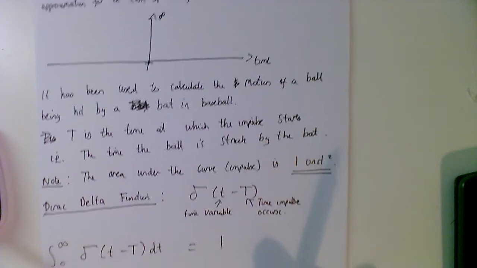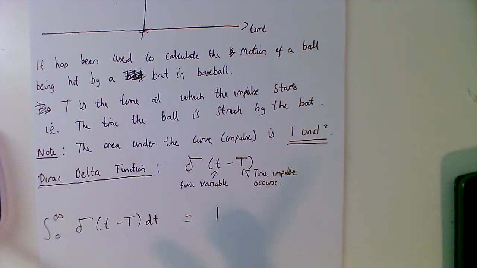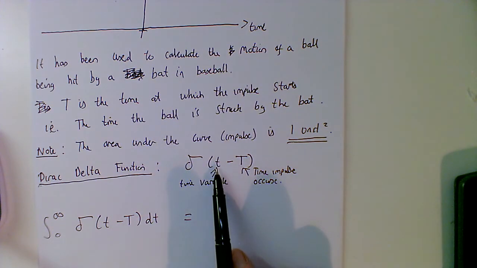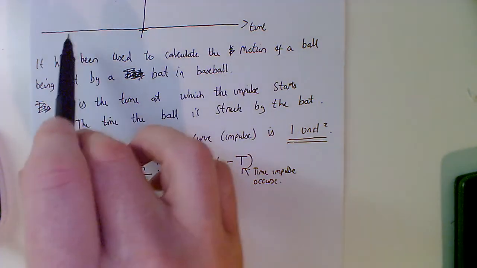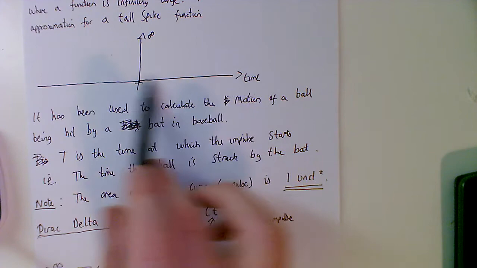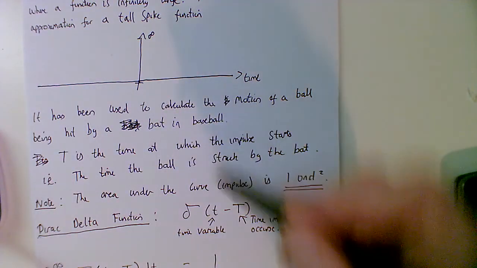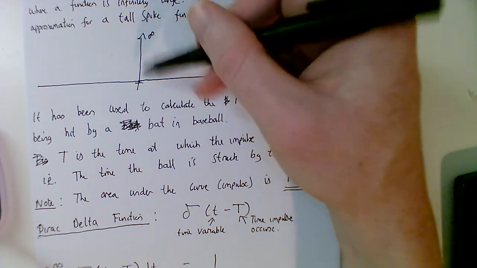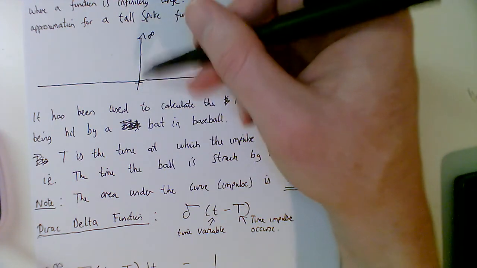Right, now the Dirac delta function is denoted using this notation here. It's got this weird curly d, where t is your time variable. As you can see, this is our timeline, which is our variable, as it has been throughout all Laplace transforms. And this capital T here is the time at which our impulse or our weird event happens.